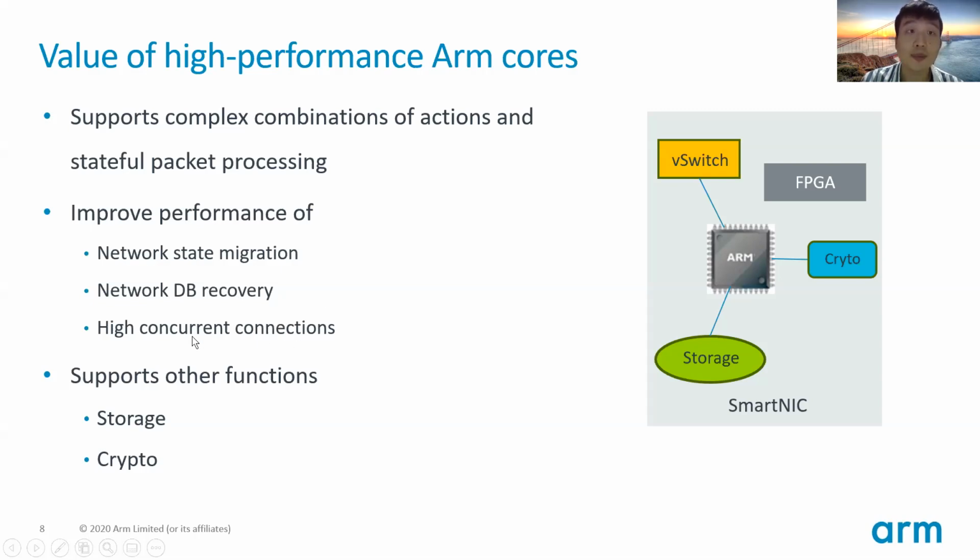It also supports, because of the high-performance ARM cores, high concurrent connection initialization, such as for web services. And at the beginning of my presentation, I mentioned the SmartNIC also supports other functions besides network, such as storage and cryptography.